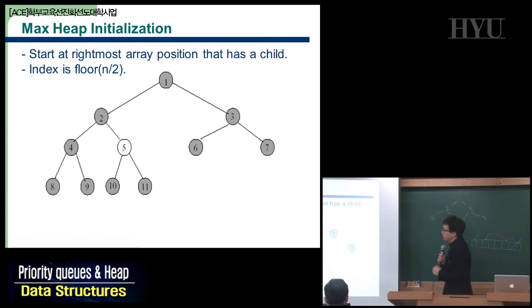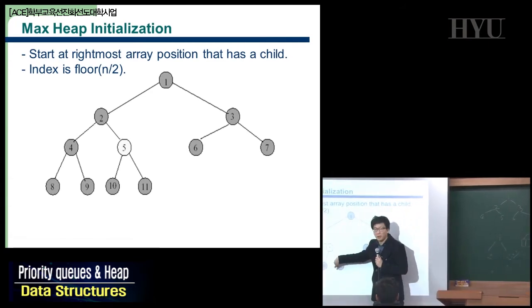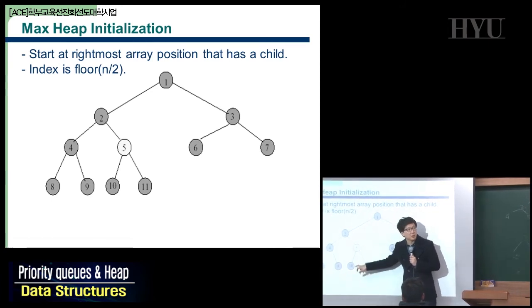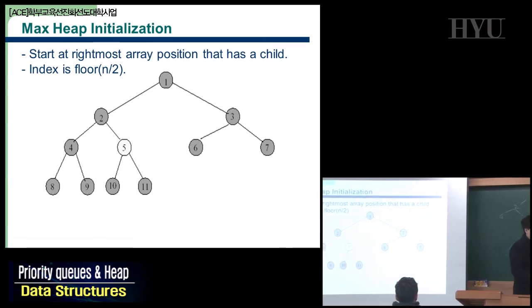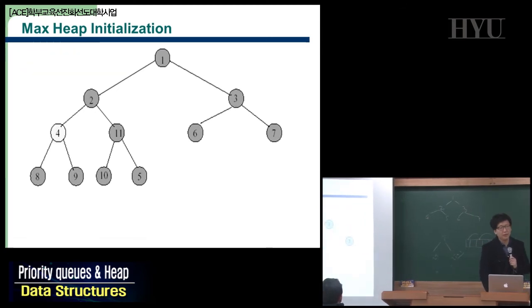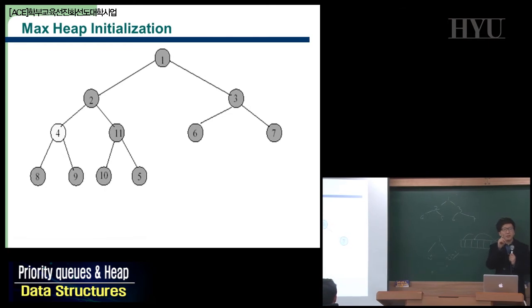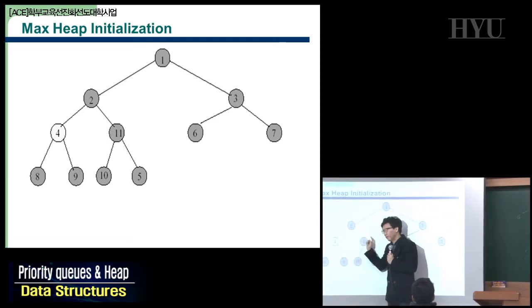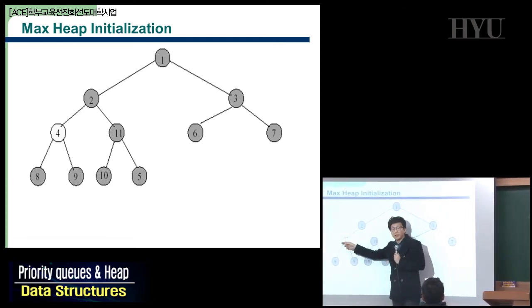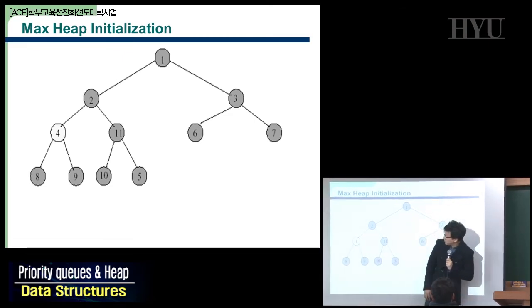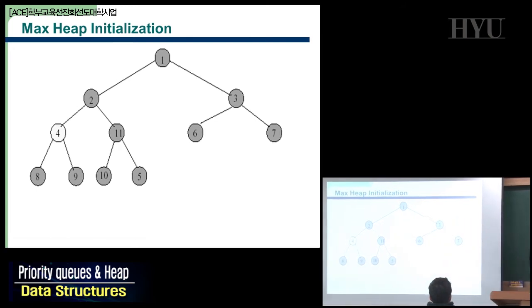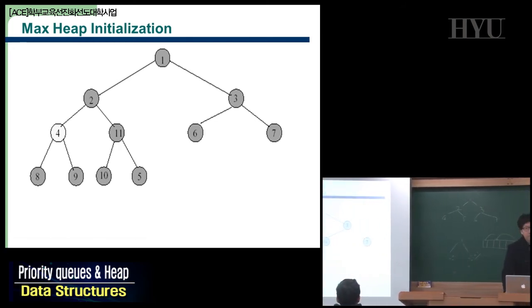So when you're implementing it, you want to compare which one is the biggest and then switch. After that, you do the same thing. Next rightmost node that has a child gives me 4. Do that. So 8 and 9. 9 should be up. 그죠? 9 should be up.